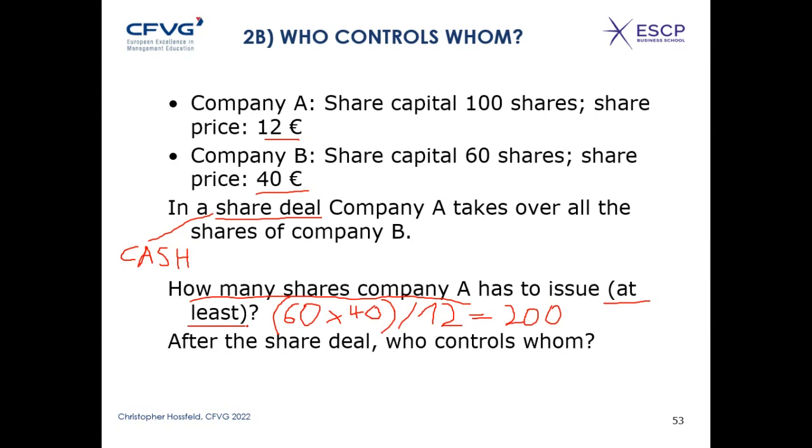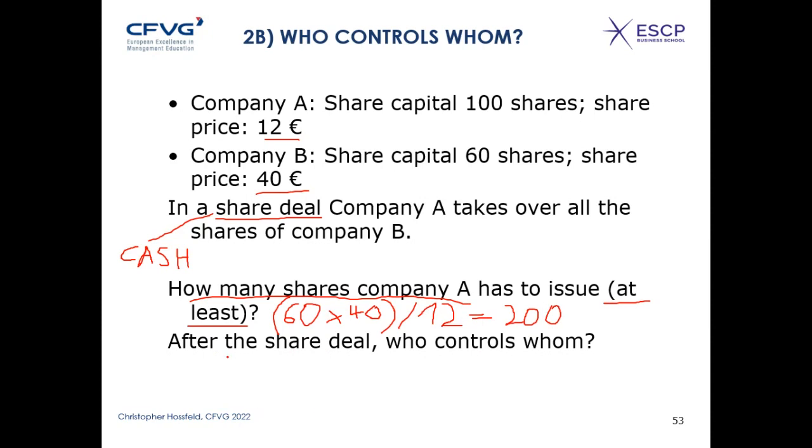Yes, because we need to pay a premium. Exactly. If I offer the B shareholders only 40 euros, they have no incentive to sell their shares to me. They could also sell them for 40 euros on the market. So I need to offer them a premium. That means I will need to issue more than 200 shares. But here, let's leave it with the 200.